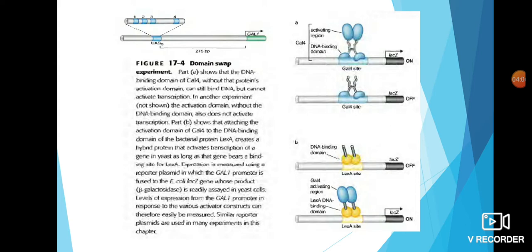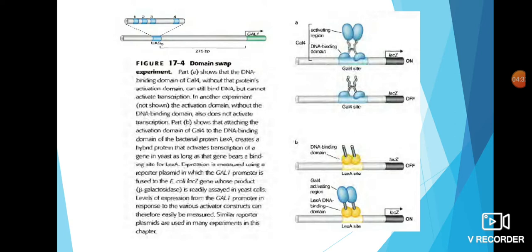Again I repeat, GAL4 is the activator and LacZ is the reporter gene. In the ideal condition, GAL4 is binding with its DNA binding domain as well as activation domain, and you are seeing LacZ is on. In the next structure, the GAL4 site is there and the DNA binding domain is there, but there is no activation domain, so that is off.